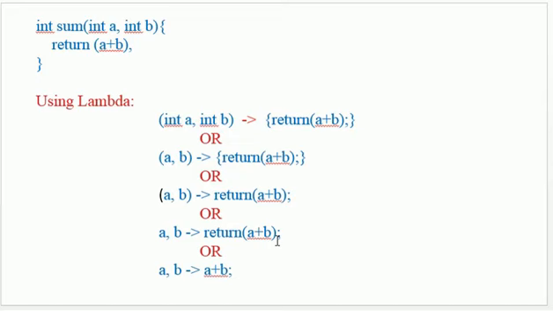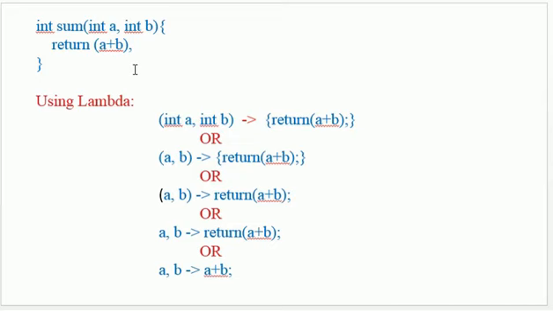You are writing a single line, and if that single line is a return statement, then you are not required to write even return. So I can always reduce this implementation of sum into very small code like this. A comma b gives me a plus b. So this is the lambda expression for this method.